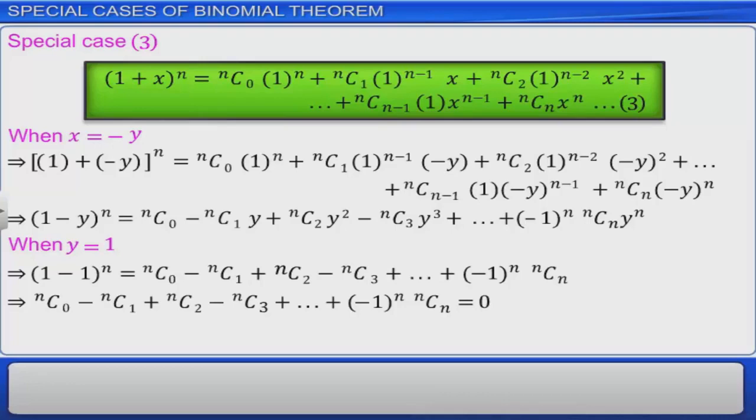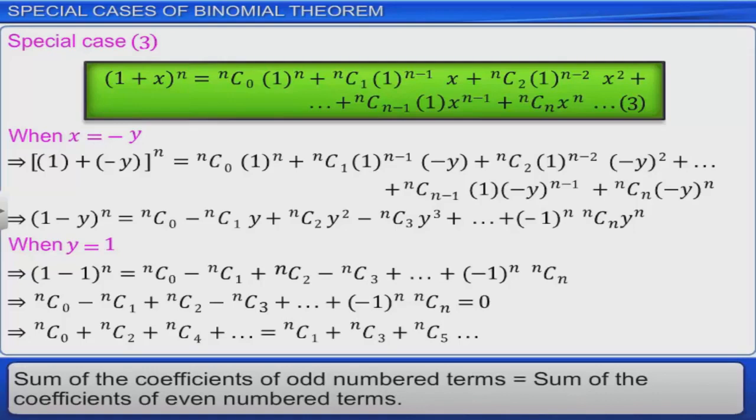By transposing all negative terms to the other side of the equation, we get nC0 plus nC2 plus nC4 plus and so on is equal to nC1 plus nC3 plus nC5 and so on. This implies that the sum of the coefficients of the odd-numbered terms of the expansion is equal to the sum of the coefficients of its even-numbered terms.